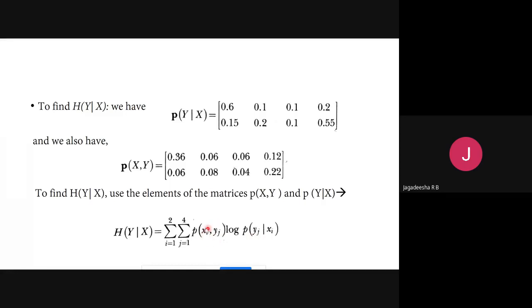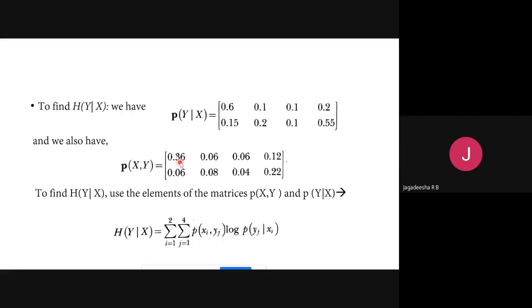So these values we can get from where? Here, right? These values. And this value, where is it? Here, right? So we just need to substitute the corresponding values here, because we have two summations, one for the input 2 symbols and one for the output 4 symbols.